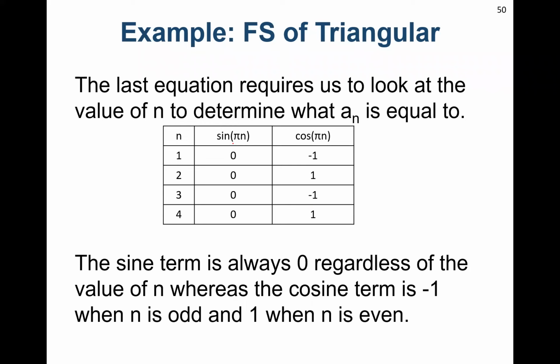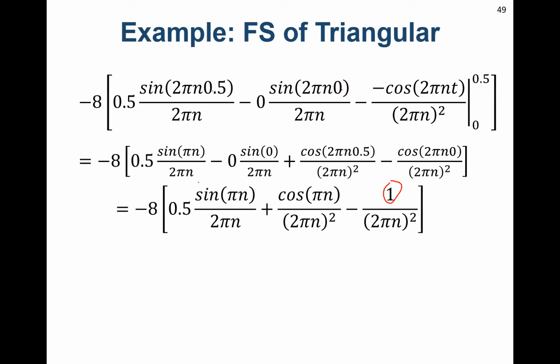So no matter what my value of n is, that's what this table shows, this is always equal to 0. So for a more complicated evaluation that I'm trying to do, I'm actually going to show you the table so it's easier to follow. This is equal to 0. The cosine is -1, 1, -1, 1. Okay. So no matter what this is, this term always evaluates to 0.